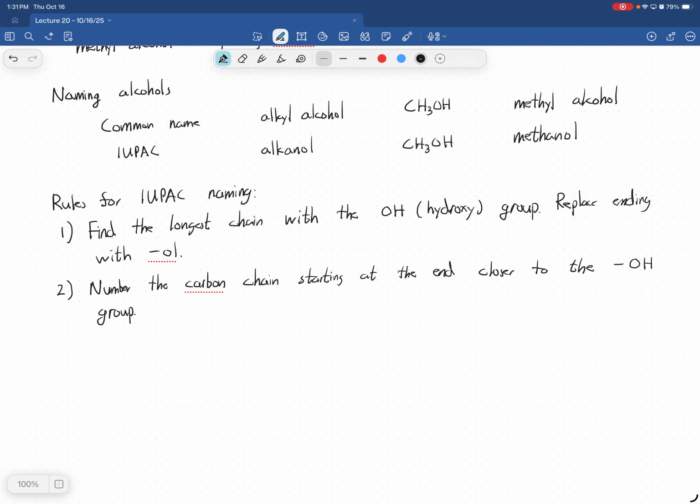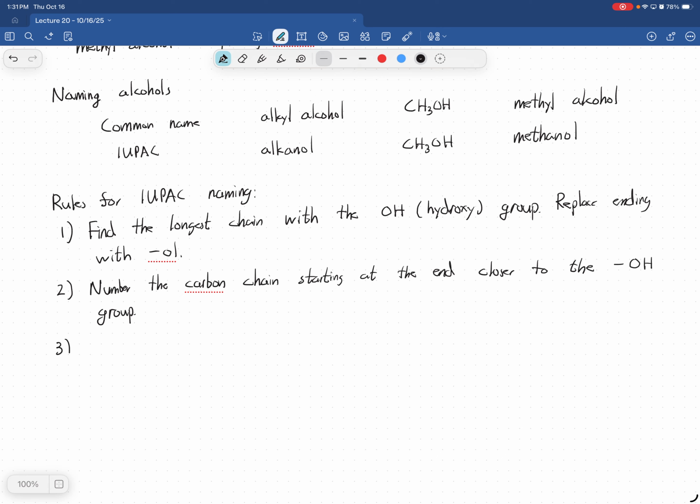Good. All right. And then the rest of the nomenclature is the same. We indicate the numbering, and we also now indicate the number where the OH is.